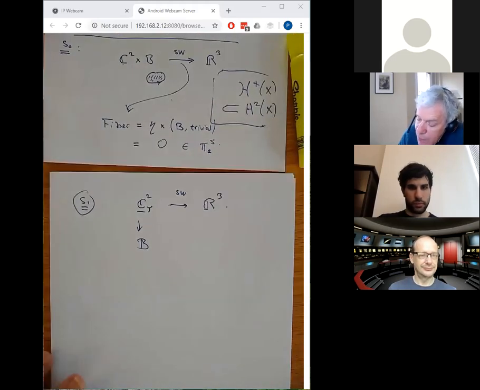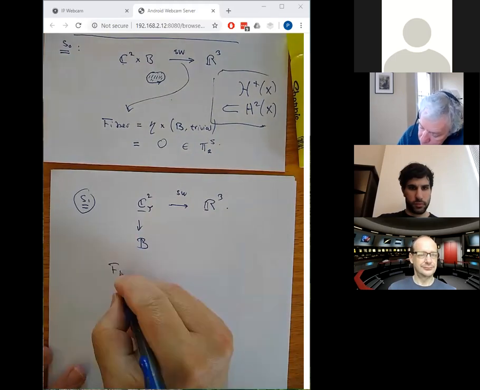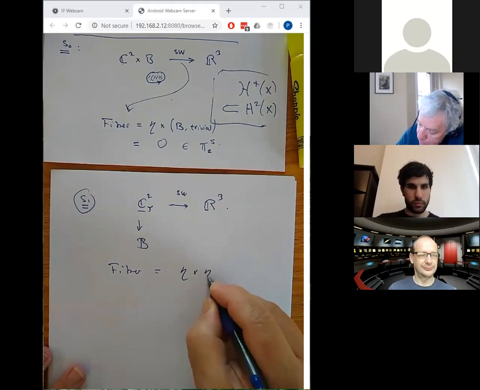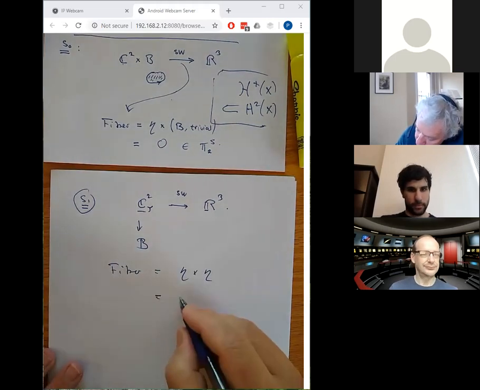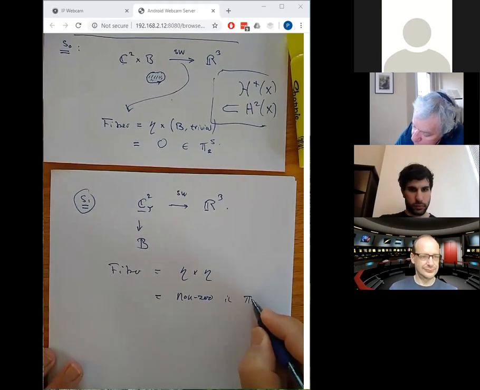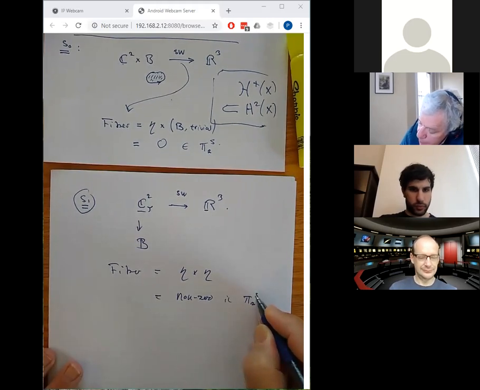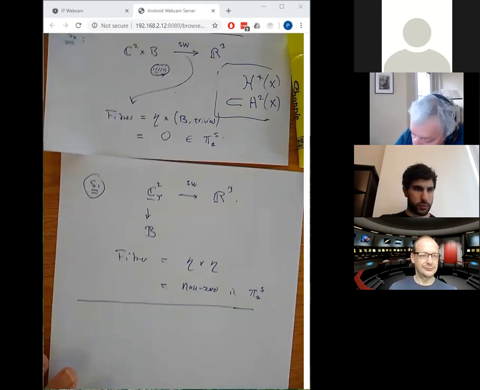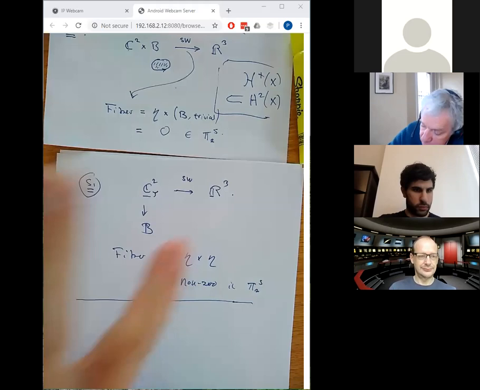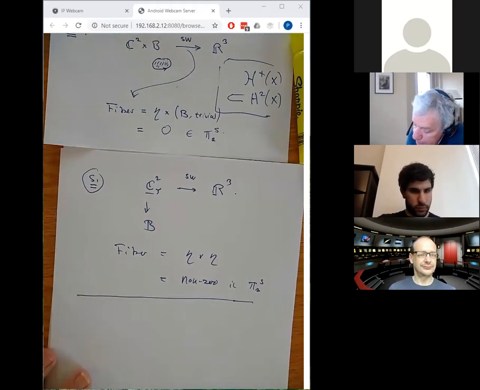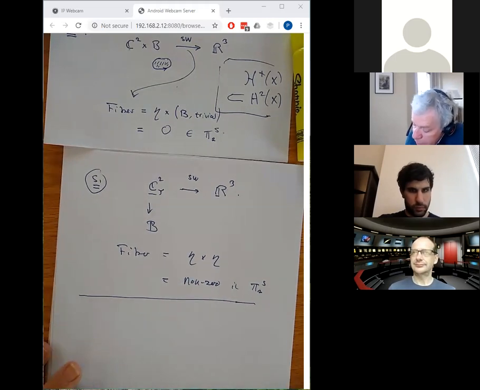And if you compute the fiber here, it's eta times eta, which is a non-zero element in the stable 2 stem, which is also Z mod 2. This proves this family was not the trivial family, and this is a sort of reproving of the theorem of Baraglio and Kono, that the boundary Dane twist for K3 is non-trivial.